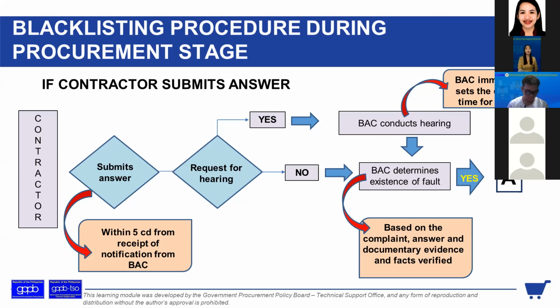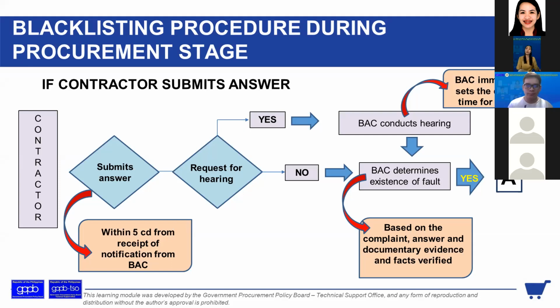But if walang request for hearing, then the BAC shall determine the existence of fault basing only on the complaint, the initial complaint, and the answer, and the documentary evidence and facts verified which is available to the BAC. Siyempre, yung mga documents na pinaghahawakan nyo. May basis pa rin naman sa determination of fault, existence of fault, even without hearing.